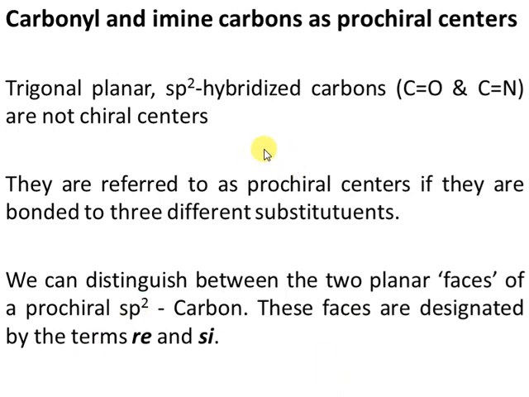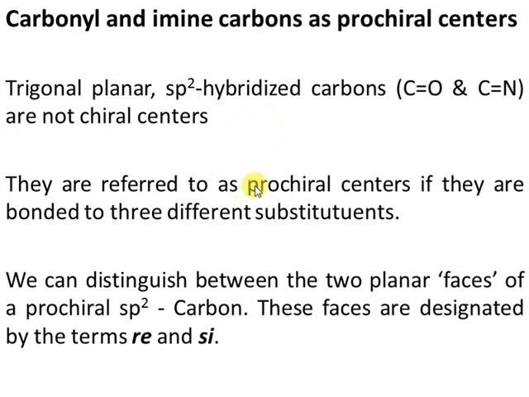Because you can see if you have a carbonyl group here and we have two groups here, right? Provided that these two groups are different, suppose this is R1 and this is R2, right? If I add something additionally on this double bond, for example, if I bring another substituent like X on this carbon, all groups on this carbon will become different, right?